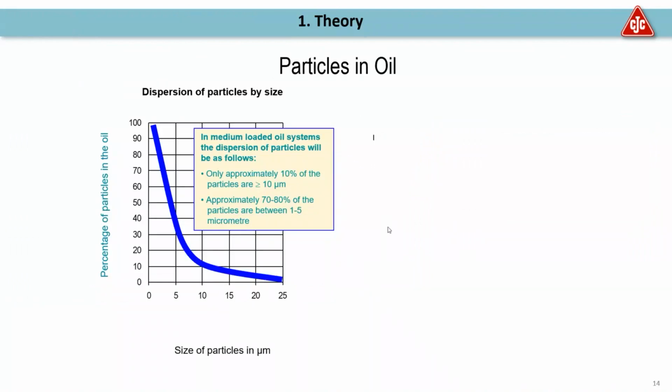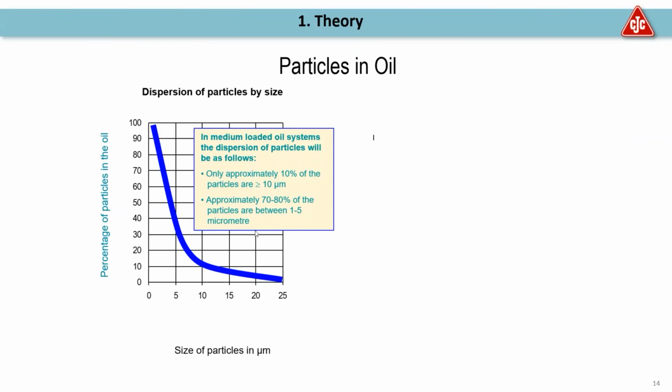Very interesting to see is the effect of particles, according to their sizes, on your machine components. When looking at the particle size contribution in any given oil sample, approximately 10% of all particles are larger than 10 micron, and 70 to 80% of the particles are between 1 and 5 micron.